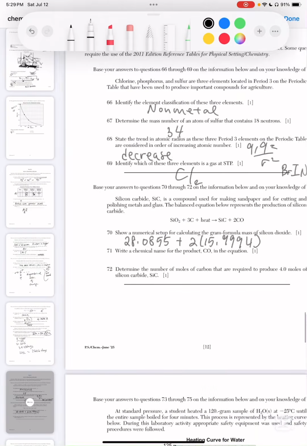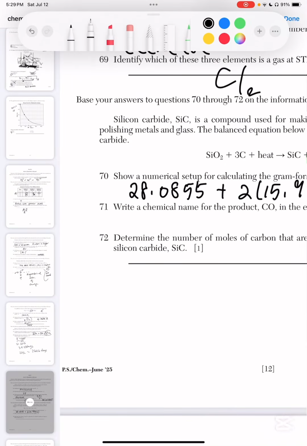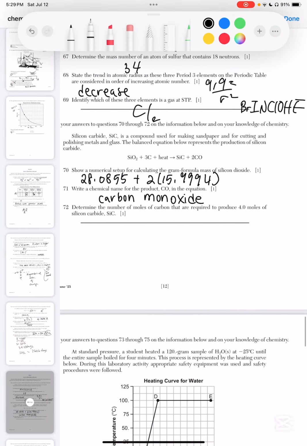This is your numerical setup. Write chemical name for the product CO in the equation. So this one would be carbon monoxide. Determine number of moles that are required to produce 4 moles of silicon carbide.